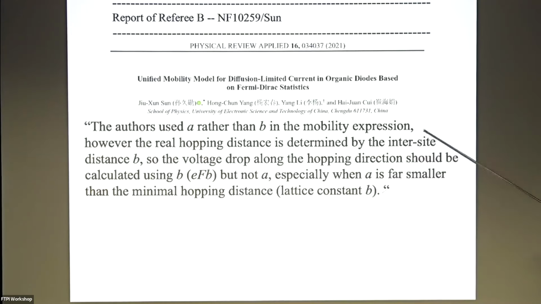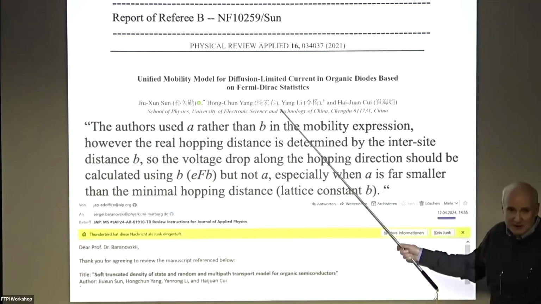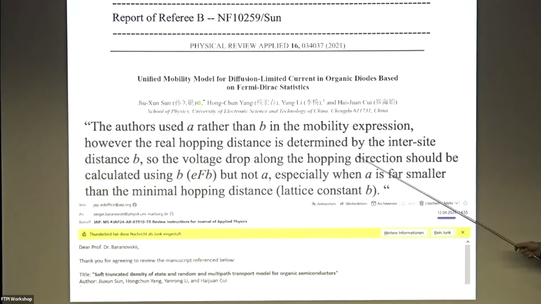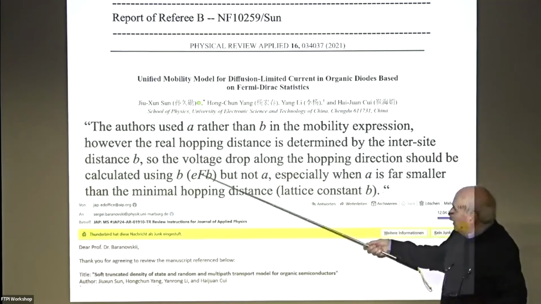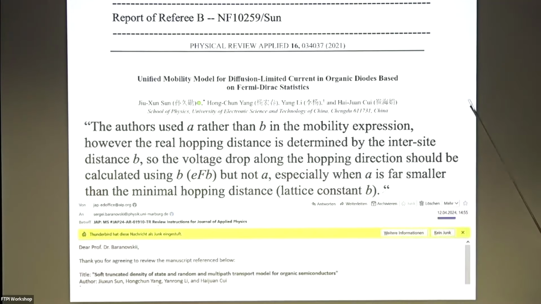Okay? Well, before coming here, on the 12th of April, I got for refereeing another paper of the very same authors. And you know what they did? They adopted the opinion of referee B, because it sounds so reasonable that the intersite distance, the real distance at which energy is gained from electric field, is important, and not the toy spatial scale size of the wave function.